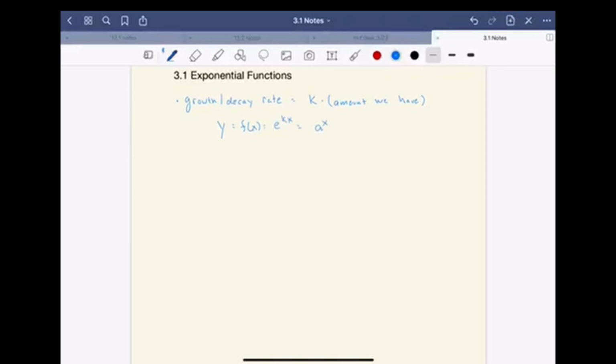Now, this a, if it's bigger than 1, we have exponential growth. If it's between 0 and 1, we have exponential decay.